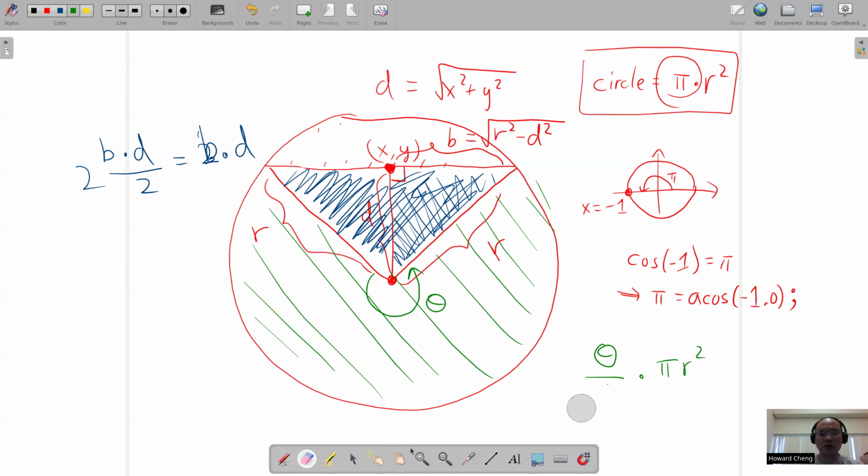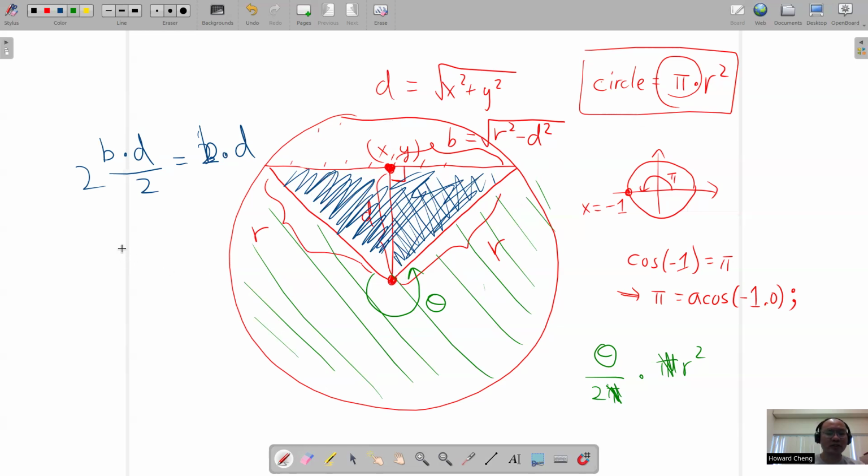So we don't work with 360, we work with 2 pi. And that makes things easier because the pi cancels out. So if you know what theta is, then it's just theta over 2 times r squared. And that would be this green area. And the green area plus the blue area will be the large chunk. And then the small chunk, of course, is just the rest of it. So subtract that from the area of the circle.